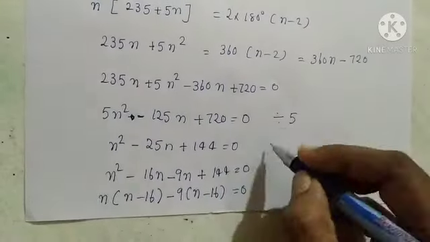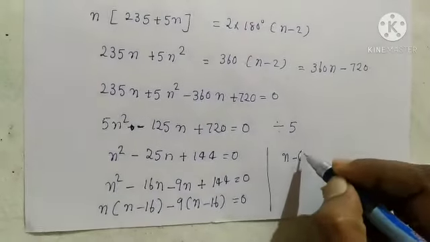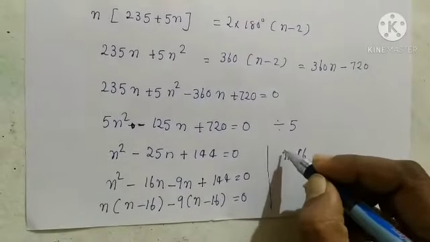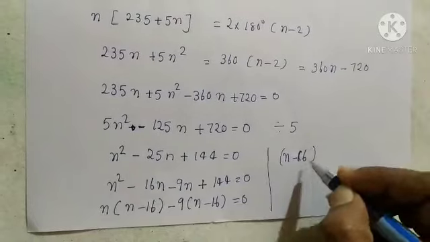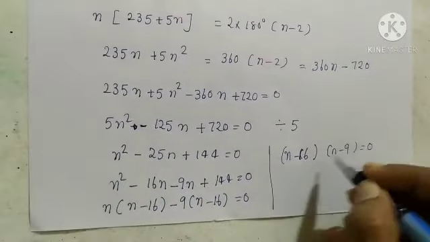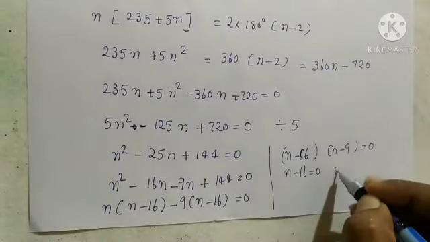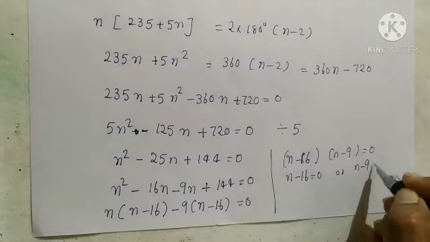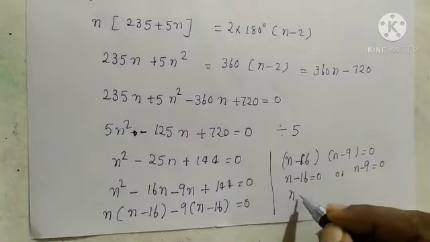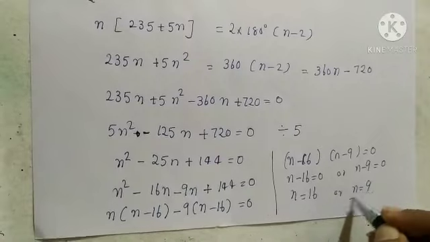If we observe, n minus 16 is common in these two terms, so taking it outside, it will become n minus 16 into n minus 9 equal to 0. From this we get either n minus 16 equal to 0 or n minus 9 equal to 0. From this we get n equal to 16 or n equal to 9.